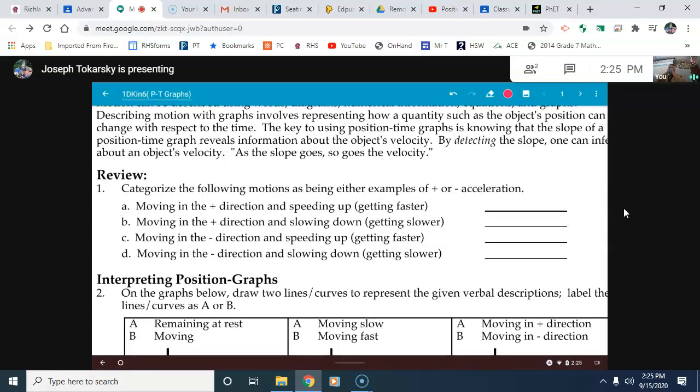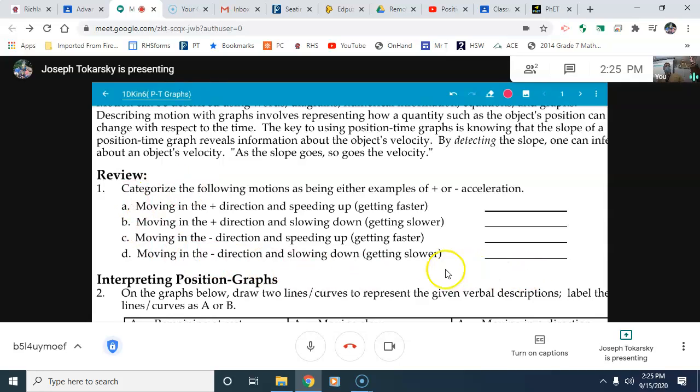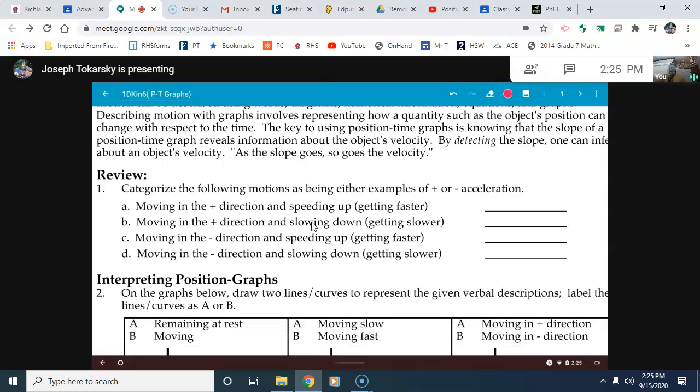We almost always have to remember something from earlier because things just build on each other in this course, okay? So we answered a question like this in the past, and it's going to be important for some of the graphs later. So let's do this review real quick. Just fill this out together with me. We probably won't finish this today, but once we finish it, I want you to submit it, even after we do it together, so you get a few points for having it complete, okay?